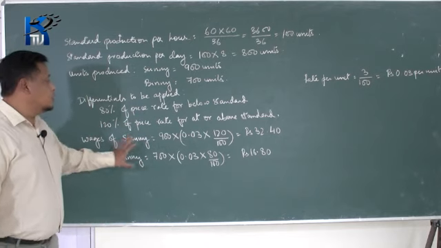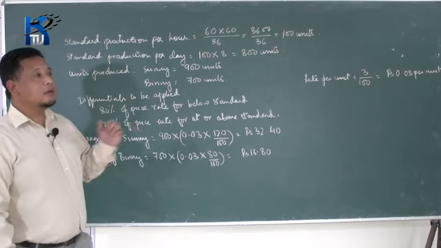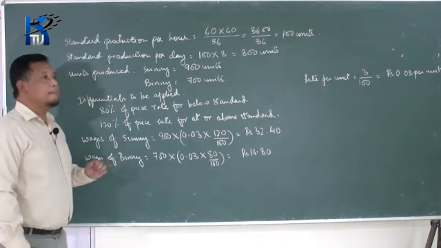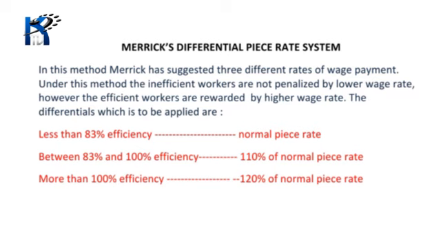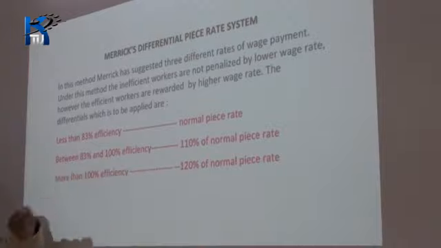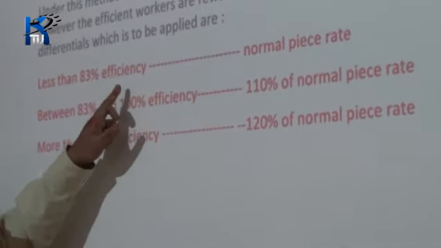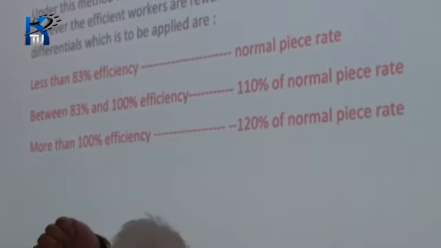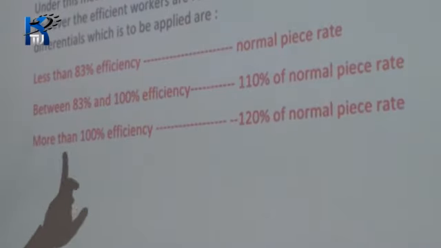In order to resolve this criticism, another method is being promoted by Merrick. So under this system, Merrick has suggested 3 different rates of wage payment. If you see at the differentials, workers who have produced less than 83% efficiency are being paid at a normal piece rate. That means inefficient workers are not penalized.